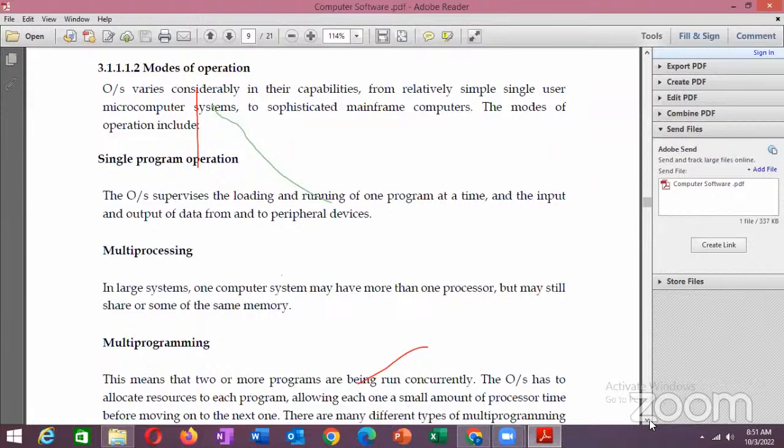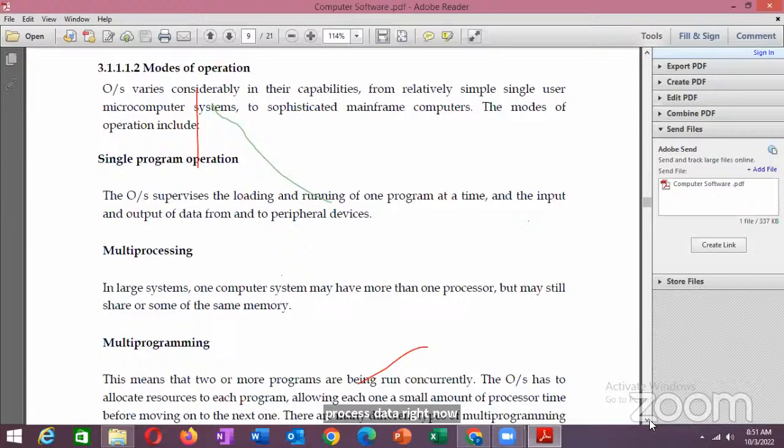So in multiprocessing, we have more than one processor, and these processors are able to process different tasks. It has several CPUs that are able to process data.